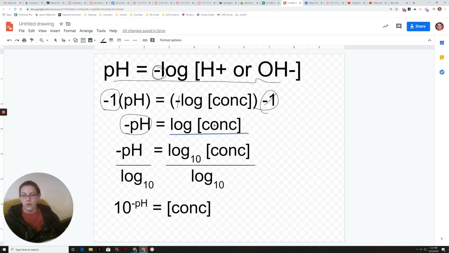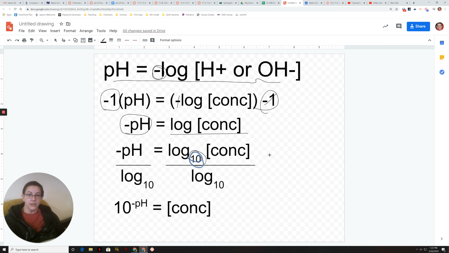Now, in order to get concentration by itself, we need to divide by the log. Now, some of you may notice that I've changed this to log base 10. Whenever we see log, it's understood that it's log base 10 unless there is another number written right there.